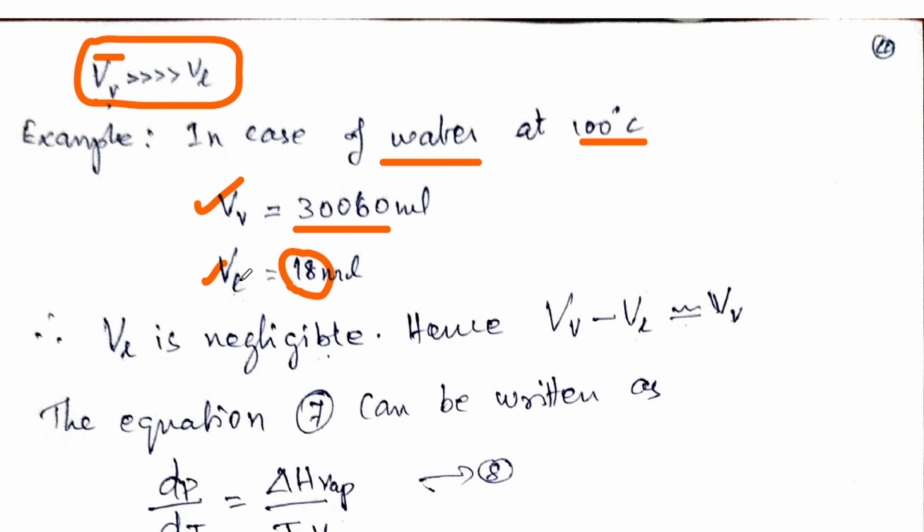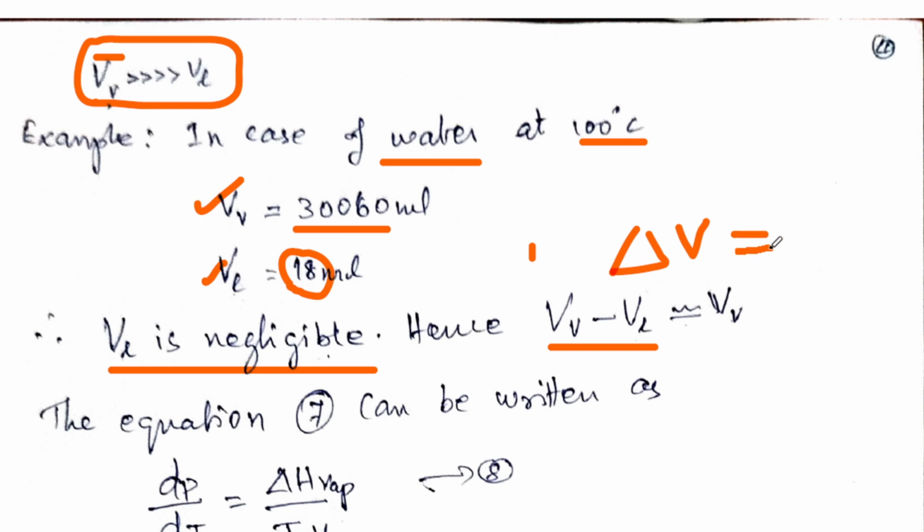So VL becomes negligible, and therefore the delta V that we have changed into VB minus VA, that is here VV minus VL, becomes approximately equal to the volume of the vapor, because VL is approximately 0.